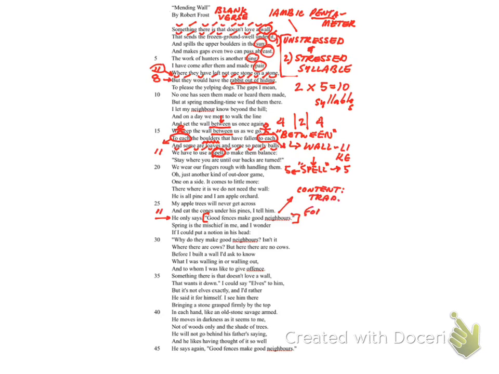But the form belies that message because it's broken. The content says, hey, the neighbor says, good fences make good neighbors. And how do I know that? Well, my dad taught me that, right? But this form of iambic pentameter is also something that's passed down from generation to generation.